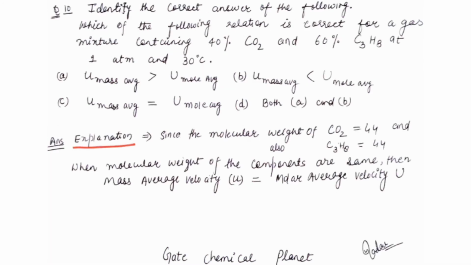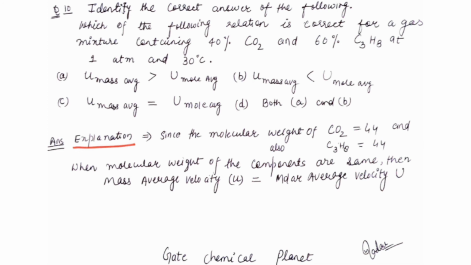Identify the correct answer of the following. Which of the following relations is correct for a gas mixture containing 40% carbon dioxide and 60% propane, C3H8, at 1 atmosphere and 30 degree temperature? So here 4 options are given.